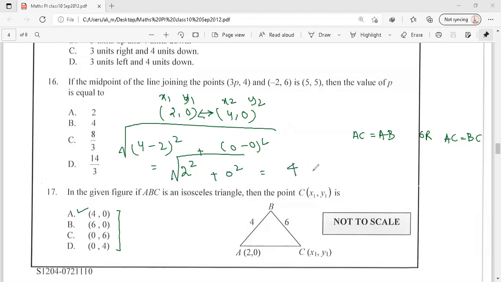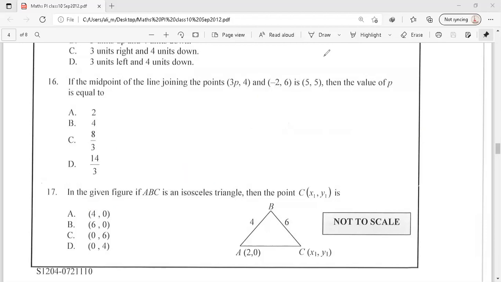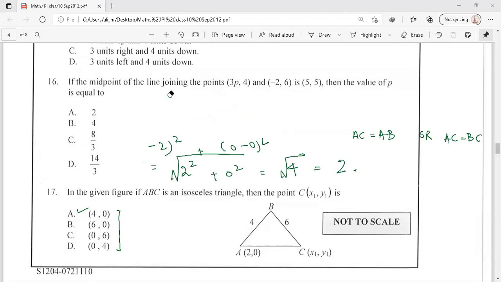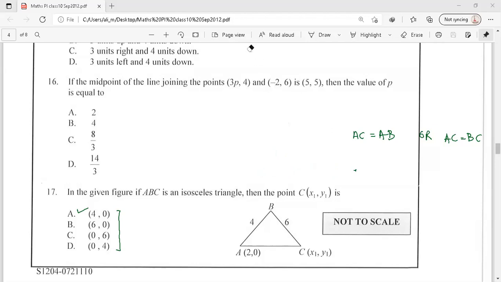So it will become 4, and the square root will be equal to 2. So it means if this side is 2, this triangle would not be an isosceles triangle. So let's take the other point. So let's take the point in option B, 6 and 0.